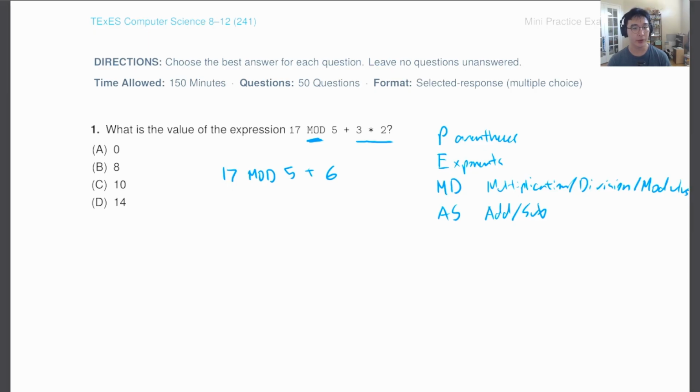So we now know that we need to do this modulus operation before we add. But what exactly is mod? Well, sometimes you might see mod shortened as 17 % 5 plus 6. And these two things are synonymous, the mod and the percent.